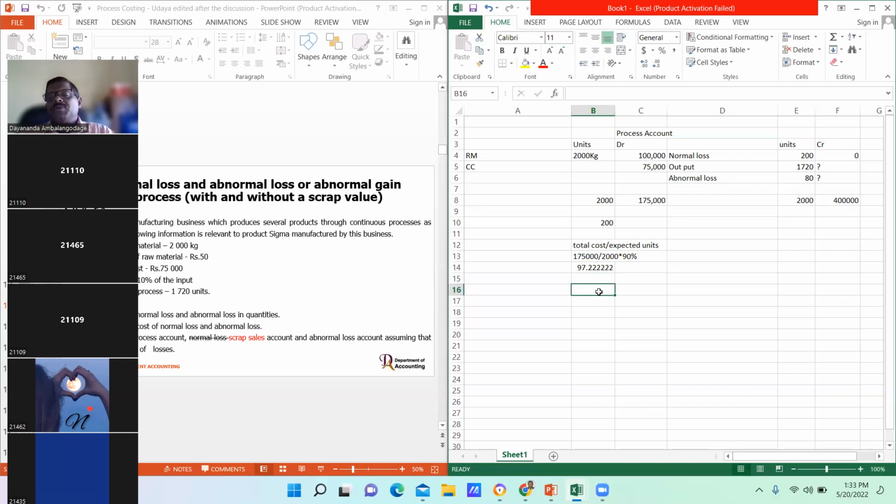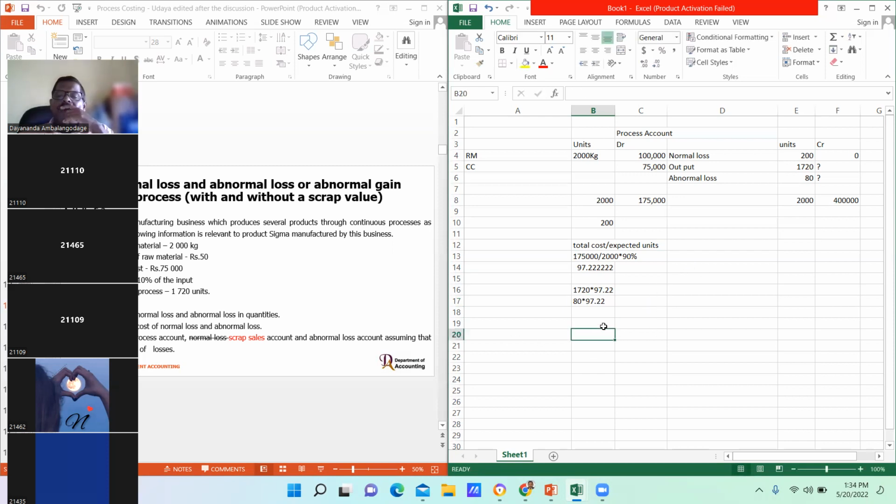That is the unit cost. So what you do is multiply this output, 1720, by 97.22. Okay, and you multiply 80 by how much? 97.22. That is the costing.